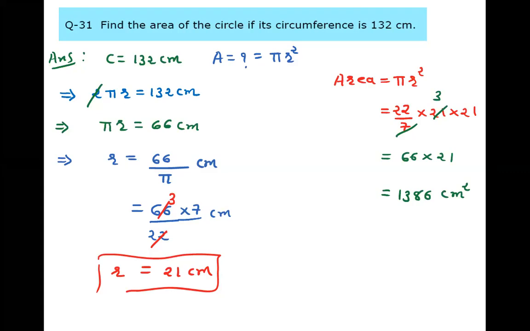Look here, students, in question number 31, you have a circumference and are asked to find the area. The equation of the area is pi r square. To get the area, you need the radius. Using the formula of circumference, I'm finding the radius. Cut the 2 on both sides.